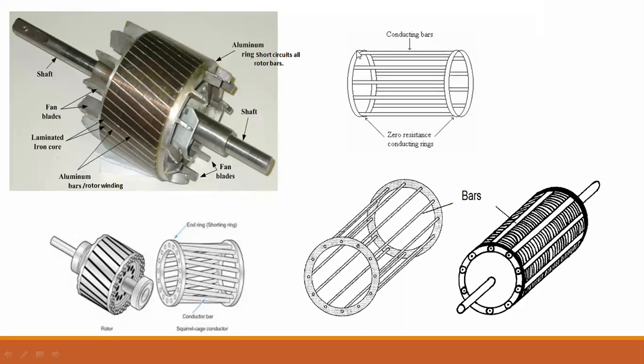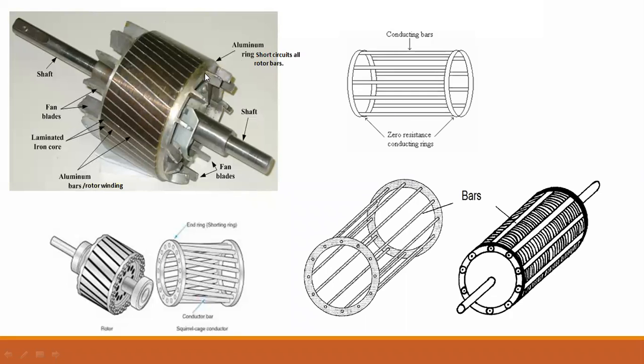So this is nothing but the end rings. Here one ring is there, here another ring is there. End ring means at the end we are providing the ring. Why did we make this ring? To complete the circuit. To short circuit all the rotor bars, I have used the end ring here.